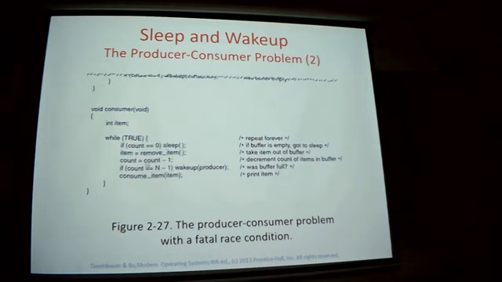It means that there is at least one slot empty, so at least one item can be put into the buffer. So now we can wake up the producer, because the task of the producer is to generate items. So wake up the producer.